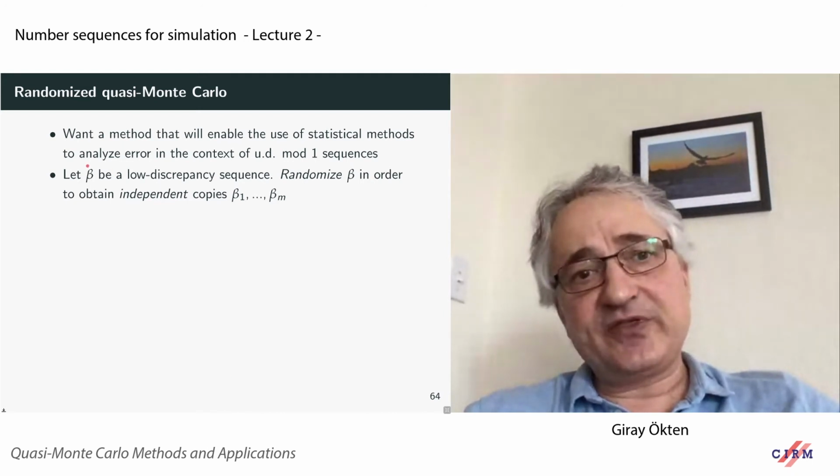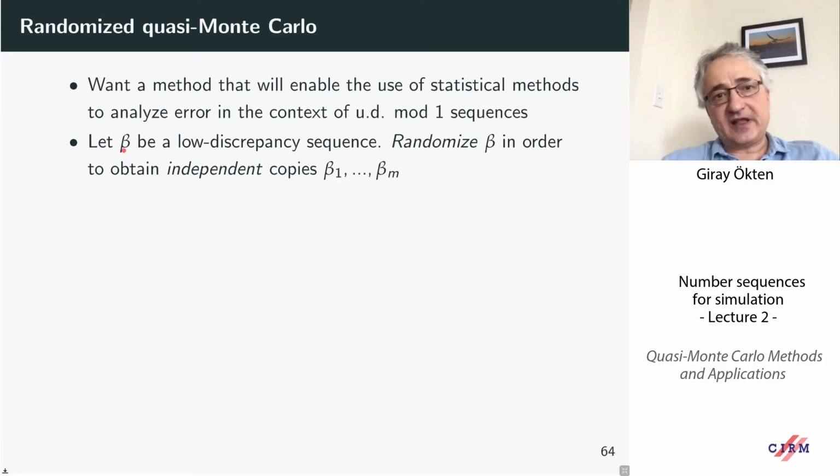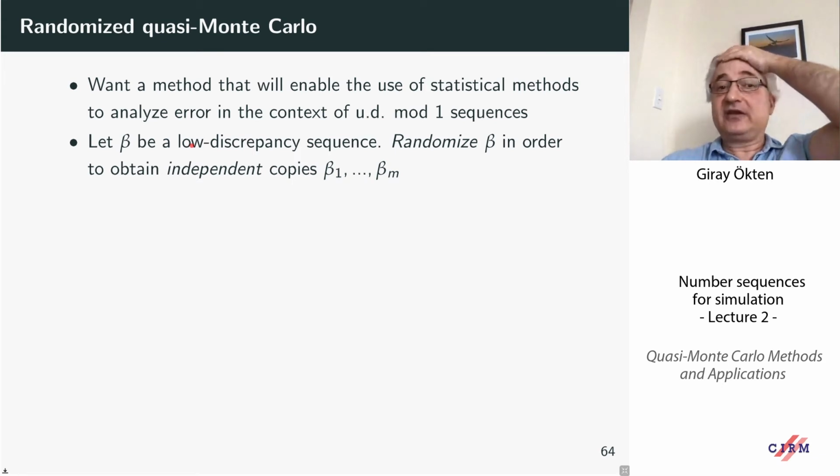So let's start with beta. What's beta? Beta is a low discrepancy sequence, and then we will be able to obtain random copies of beta.